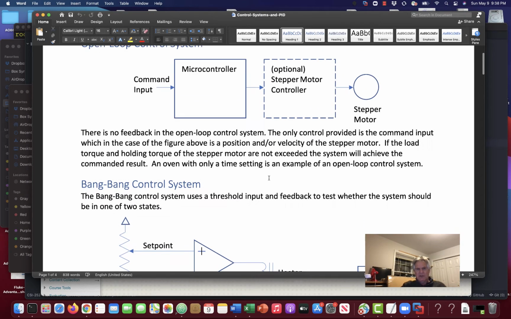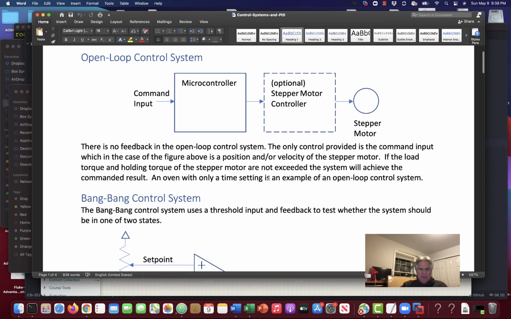If you think about an automobile without a speedometer, you don't know how fast you're going. You just press the gas pedal and the car goes. The only feedback would be for you to watch the speedometer and limit the speed, or boost it if it falls too low.